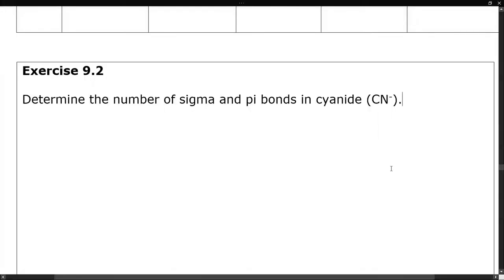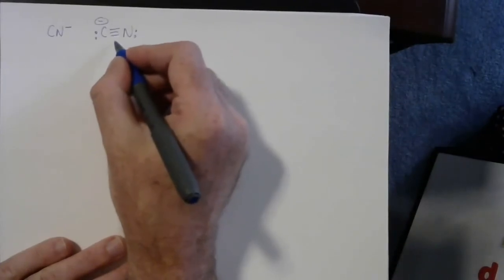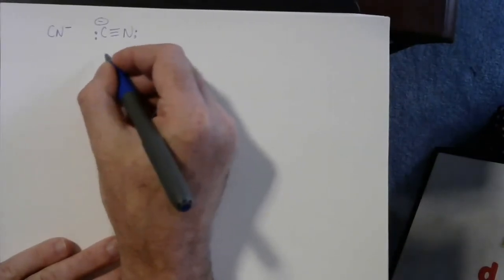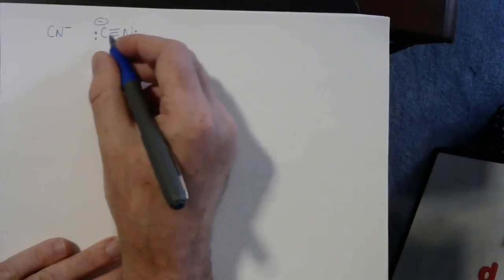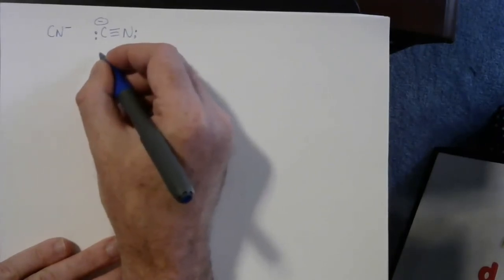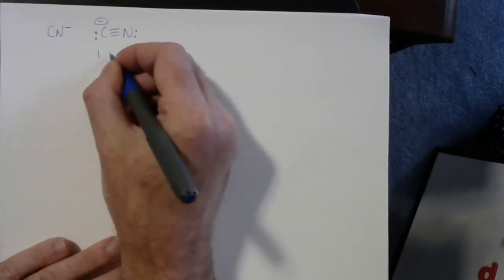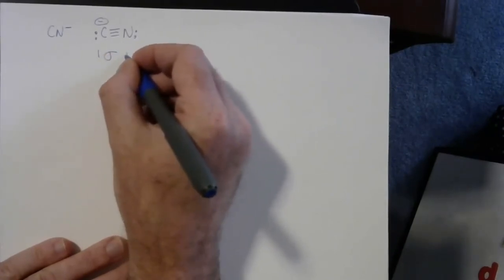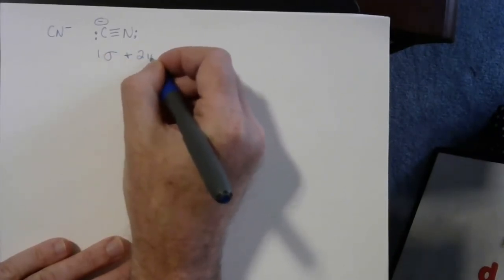All right, sigma and pi bonds. We want to determine the number of sigma and pi bonds in cyanide, CN minus. And so we drew that structure before, so we'll use it and then just determine the number of sigma and pi bonds. So if you remember, this was the structure, and it does include 1 triple bond. So remember, I can't overlap more than 1 bond directly. So a triple bond represents 1 sigma bond and 2 pi bonds.